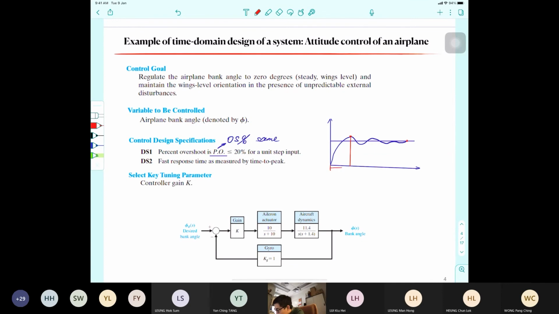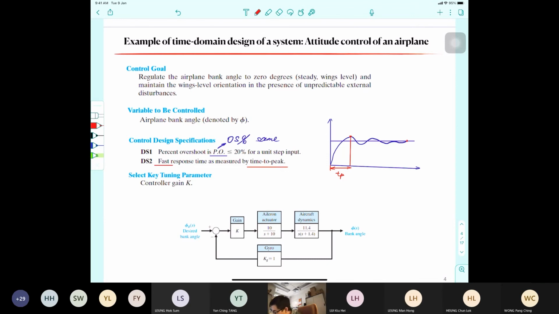Before the peak, this time we call it peak time, TP. Here, it is described as time to peak, right? So we want this time as fast as possible, we want it to be faster.